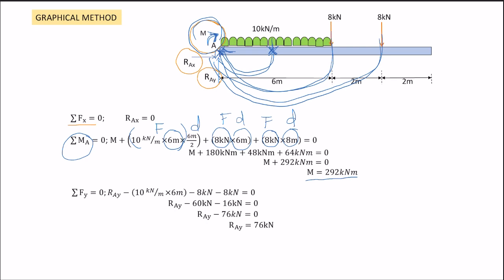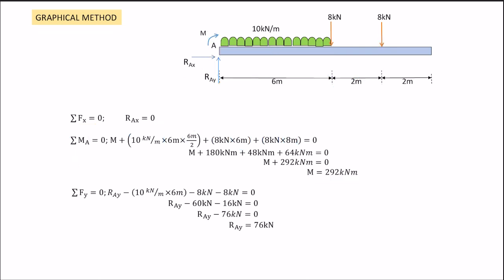And we can get the reaction for RAY. You have RAY, one loading UDL going down for 6 meter length. You have 8 kilonewton point load and 8 kilonewton point load. And you will get RAY equal to 76 kilonewton.